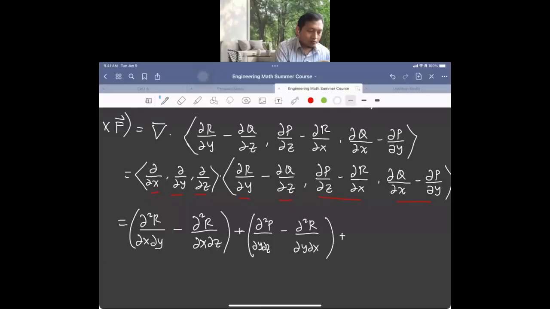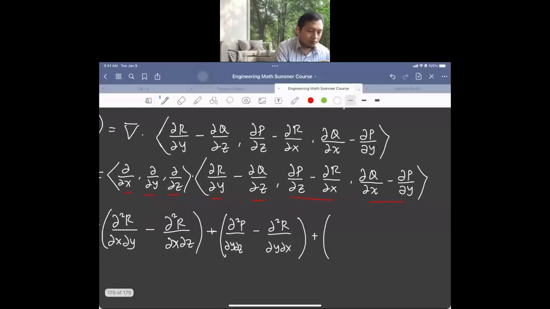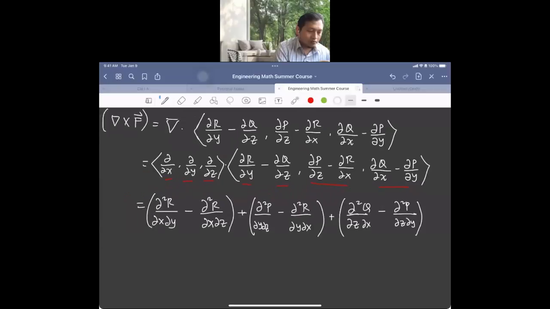And then plus one more: dou z dou squared q z x, and then minus dou squared p dou z dou y.